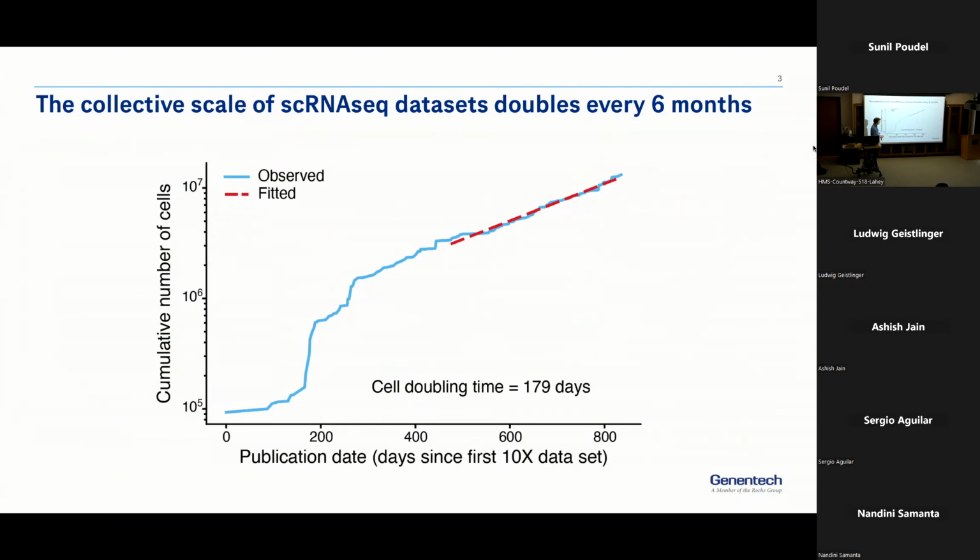Here I'm showing the number of cells. This trend holds roughly also at 6 months for number of studies. So we have both a really high resolution informative measurement plus a really rapidly growing pool of data to work with.